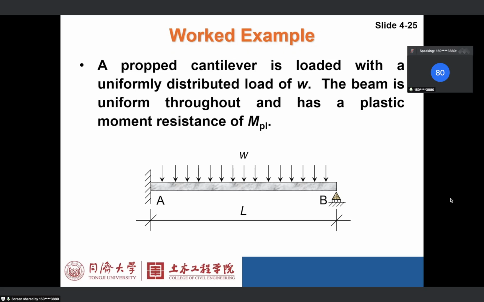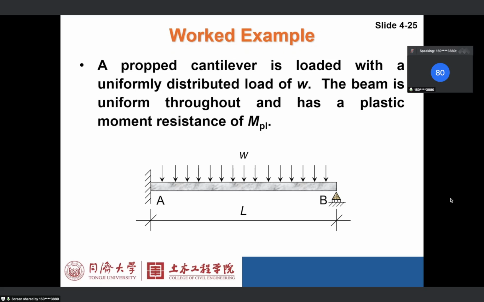So it's not symmetrical. The reason I ask you this question is we don't know exactly the location of the plastic hinge, right? But what can we do? Let's assume it's at half of L, and then we get the upper bound and lower bound solutions.